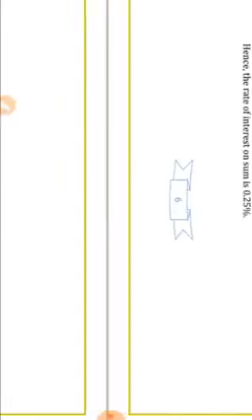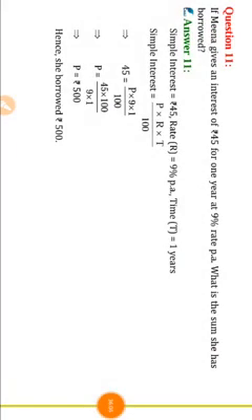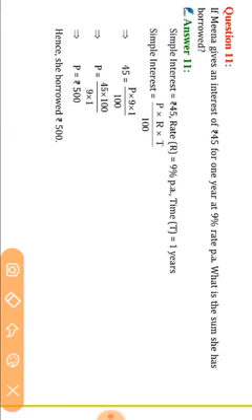Then the last question: if Meena pays an interest of rupees 45 for 1 year, so interest is 45 rupees, rate is 9%. What is the sum, meaning the principal they have asked, borrowed.